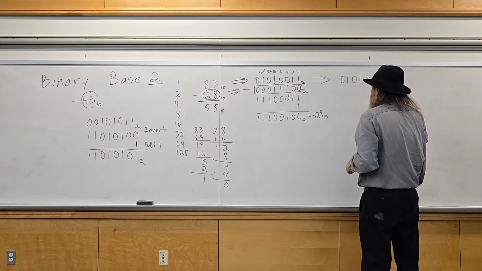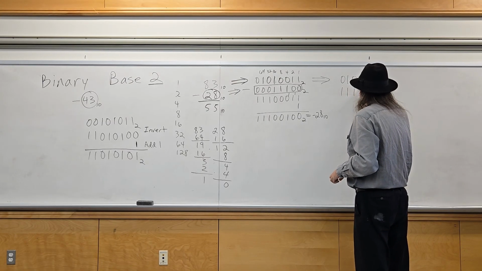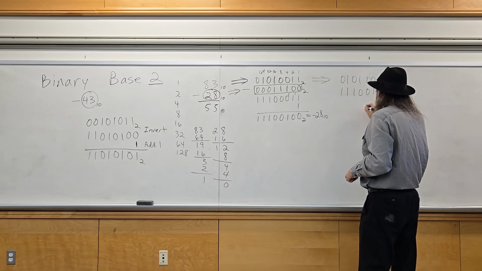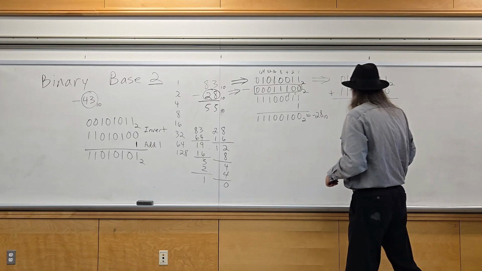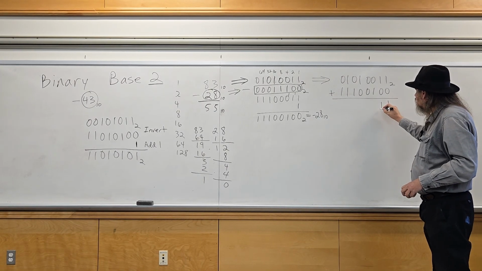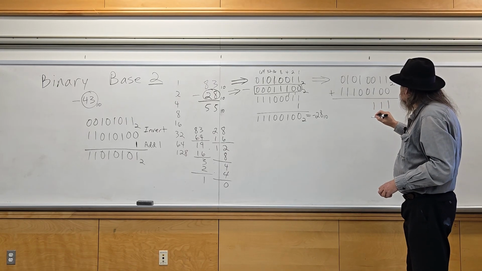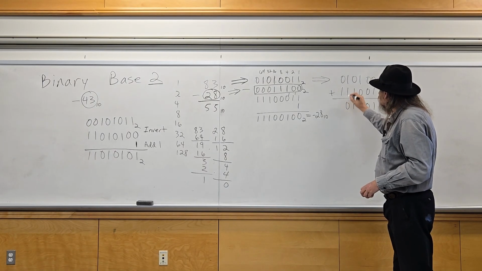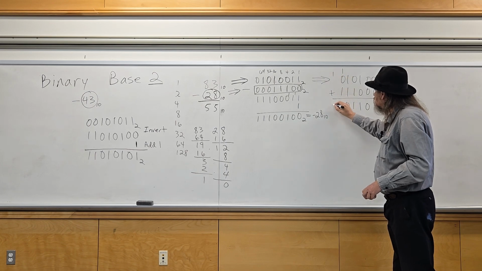So we do 1, 1, 1, 0, 0, 1, 0, 0. And then you add them. You get 1, 1, 1, right? Yeah, 0, 1, 1, 0, carry the 1, 0, carry the 1.